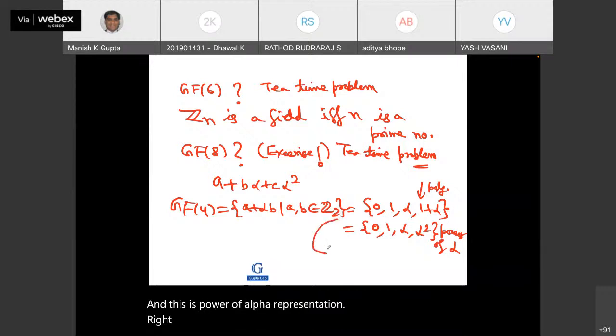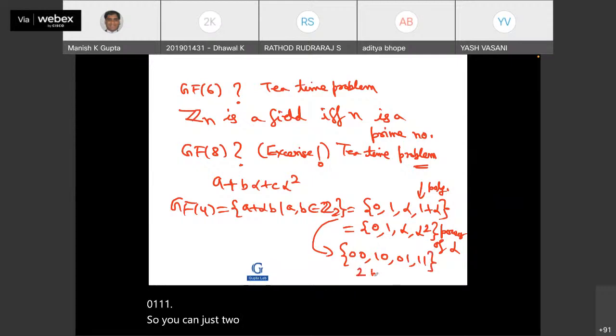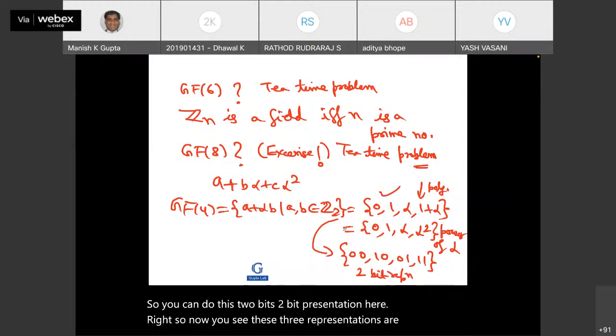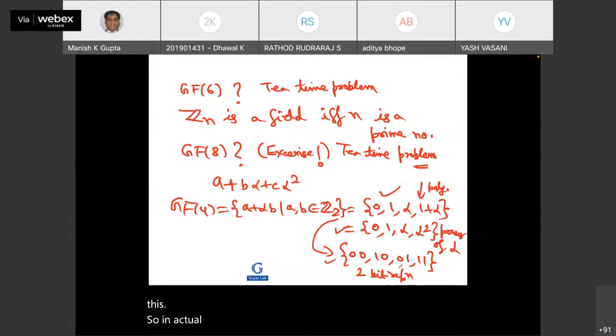Another one is from here, we can look at the coefficients of a and b. So 0 0, 1 0, 0 1, 1 1. So you can represent as 2 bits, a 2-bit representation here, right? Now you see these 3 representations are useful. Sometimes we use this, sometimes we use that. In actual practice, this is very, very common.